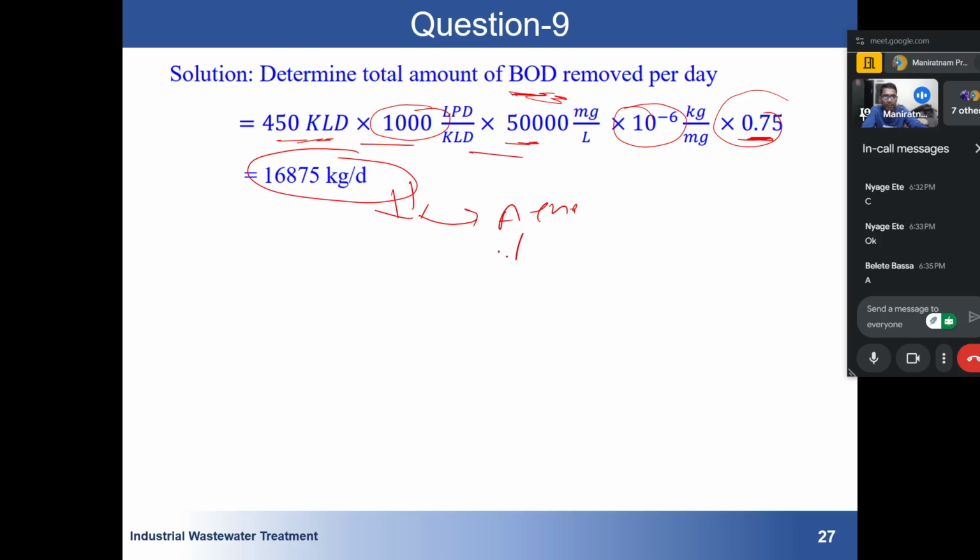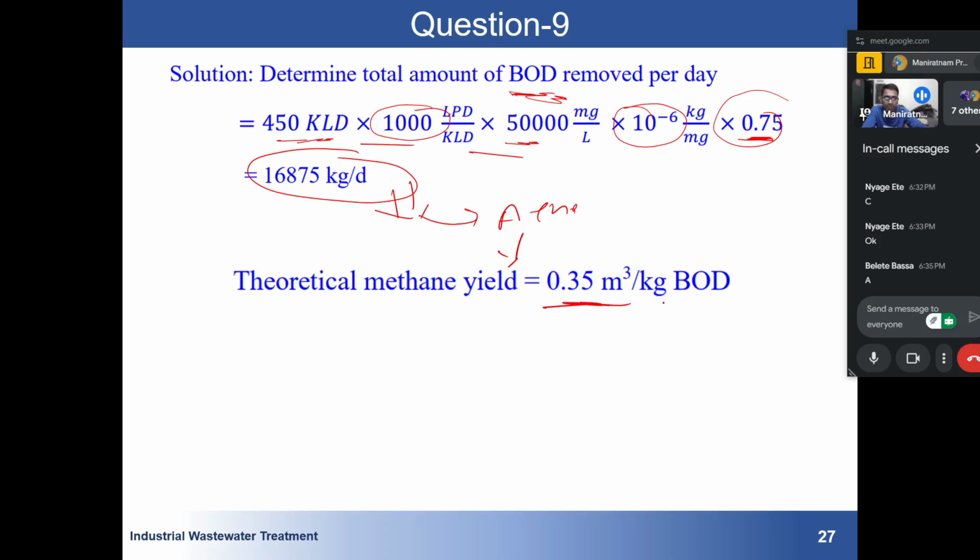There will be four stages in methanogenesis: hydrolysis, then acid formation, then acetate formation, and finally methane formation. And we know the theoretical methane is 0.35 meter cube per kg of BOD. And how much BOD do we have? 16875 kg per day of BOD is there.